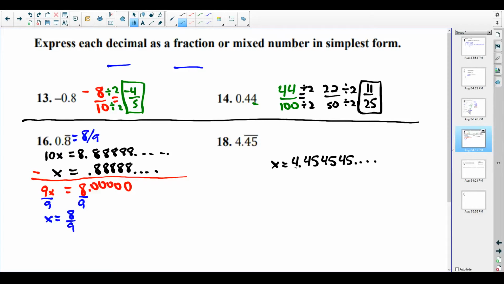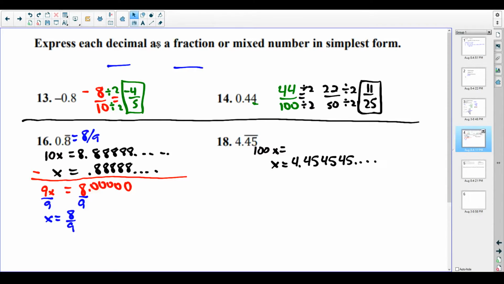So I want to do something so I end up with some multiple of x, but with the same repeating decimal. So in this case, since the pattern repeats every 2 times the decimal moves over, instead of multiplying by 10, I'm actually going to multiply by 100. So 100 times x is equal to, so this time we're going to move the decimal back 2 places.